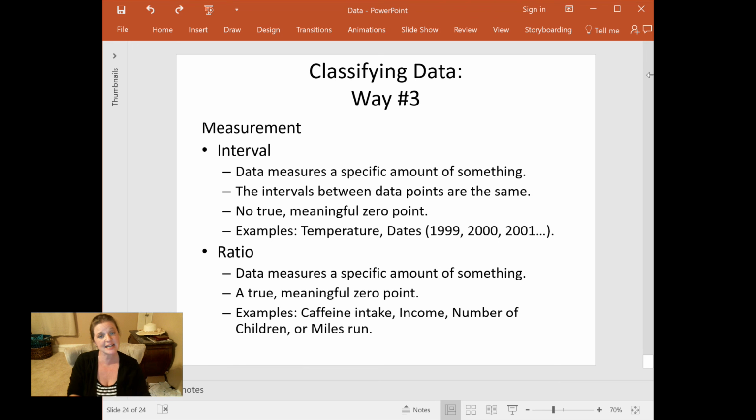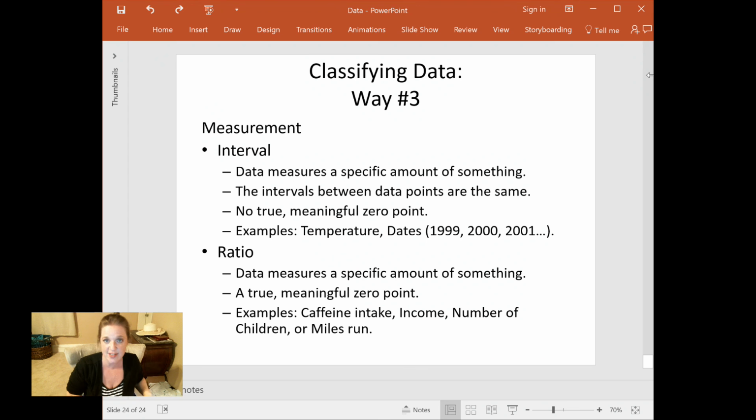And what's nice about true mathematical ratio scales is you can start talking about twice the amount and half the amount. You can start talking in terms of ratios, right? And let's compare and contrast. Let's take temperature, which we know not to be ratio. It's only interval. If it's 90 degrees here in the valley and 45 degrees up at Big Bear, we don't have twice as much temperature as they do up there, right?